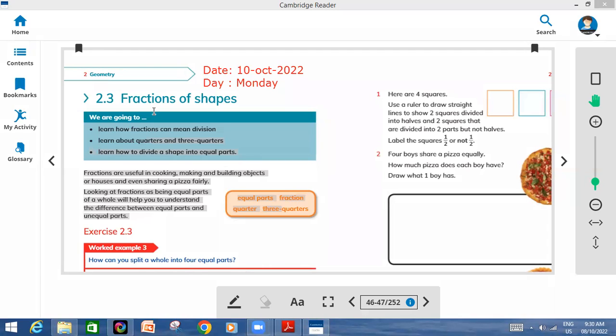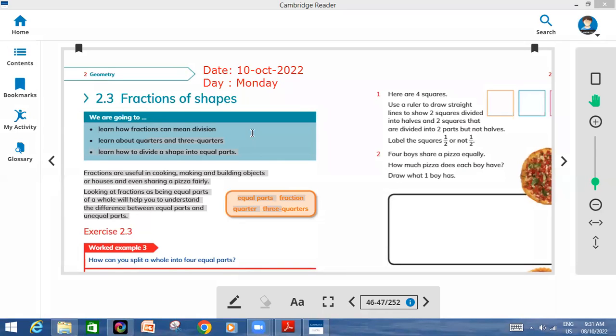So here, we have lesson fractions of shapes. In this lesson, we are going to learn fractions. Fractions can mean division. We can learn quarter and three quarters, and how we can divide the shapes into equal parts.